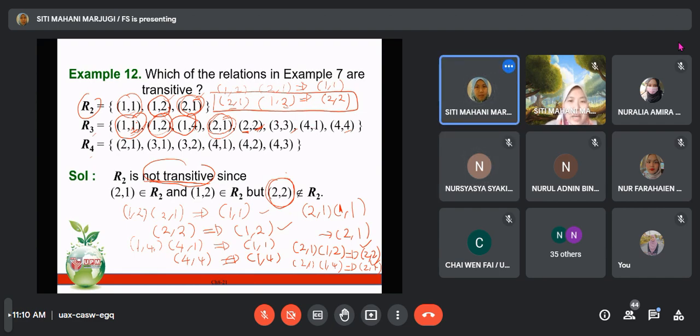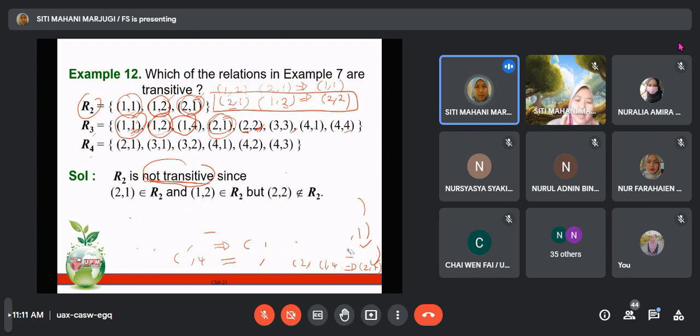So we don't have (2, 4). Meaning that if even one is missing, we can declare this is not transitive. So you can check one by one to show whether it is transitive or not. Once one is not satisfied, the whole relation is not transitive.